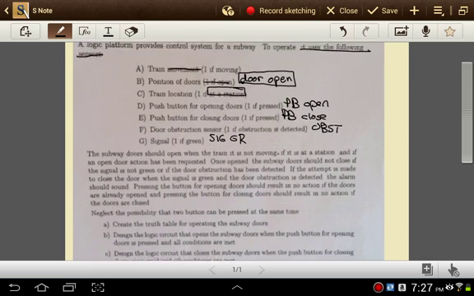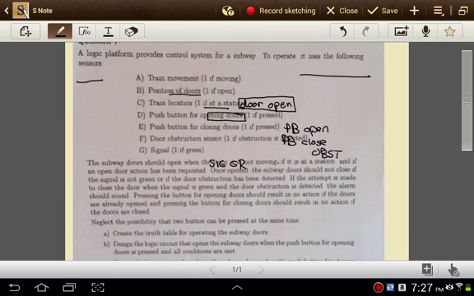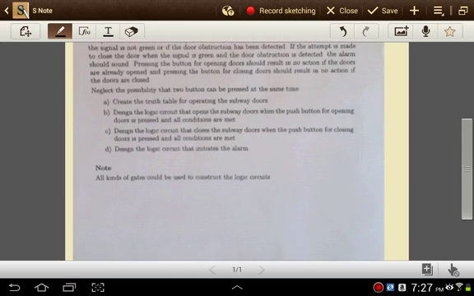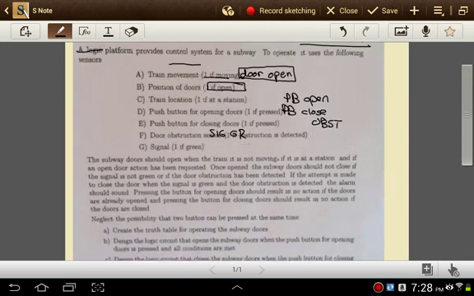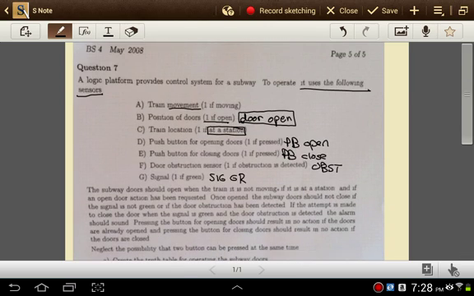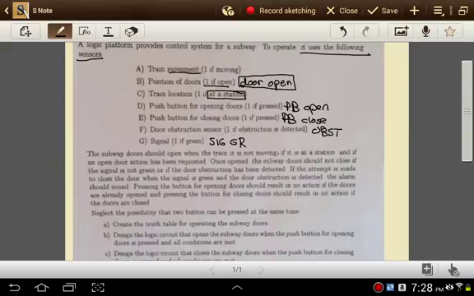Okay, so let's, I would say we start by just reading and seeing what our statements are. Okay, so the subway doors should open. Subway doors should open when the train is not moving.